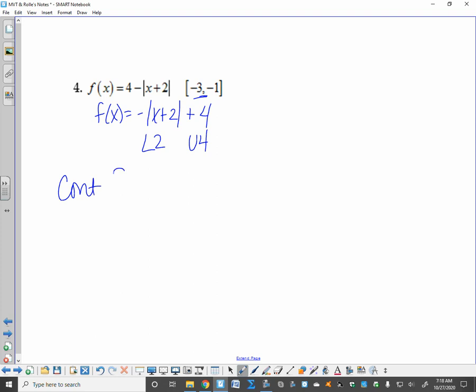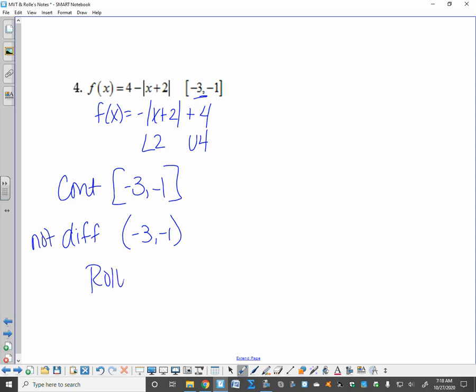We are continuous from -3 to -1. We are not differentiable from -3 to -1. So Rolle's theorem does not apply. Yay.